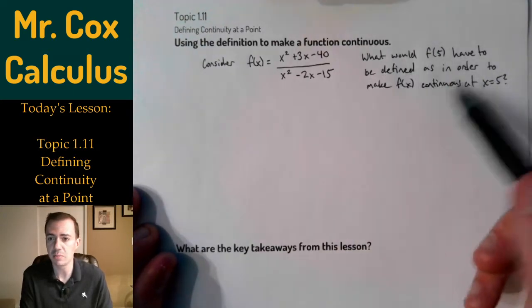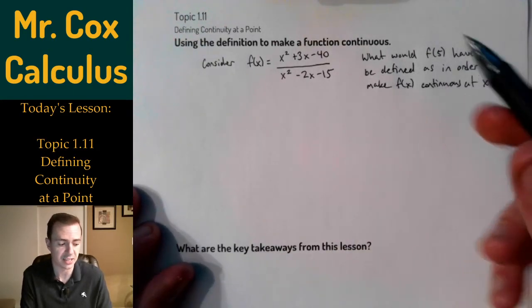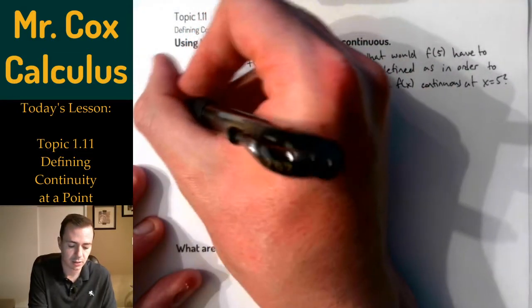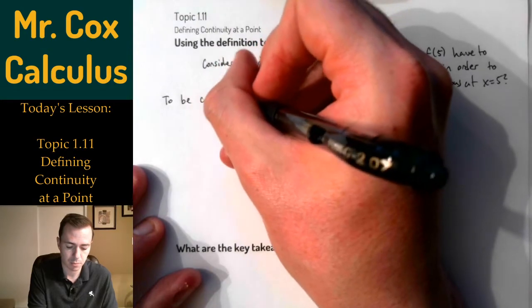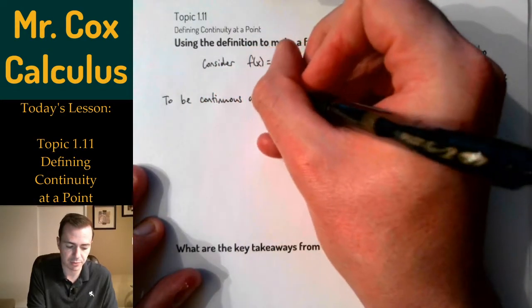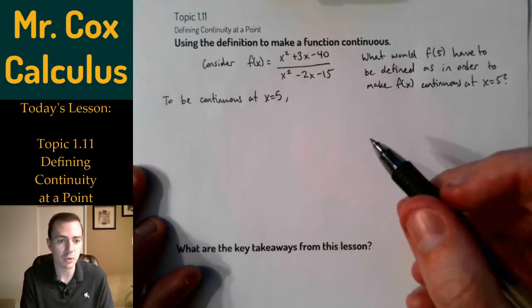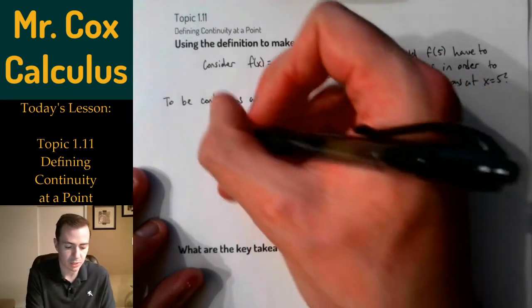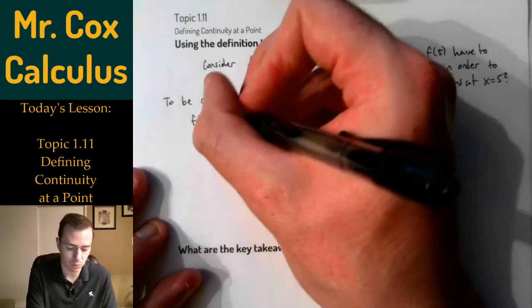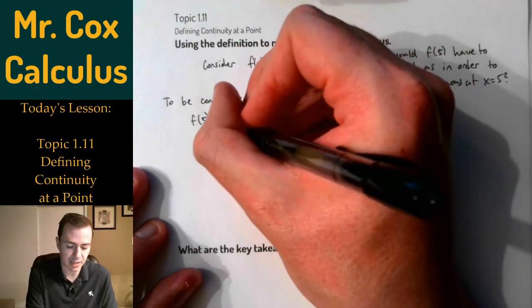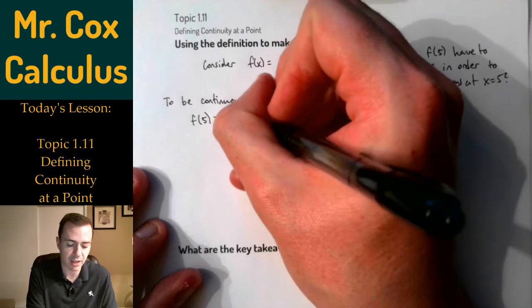Well, in order to make this function continuous at x equals 5, the following statement would have to be true, that f of 5 would have to equal whatever the limit as x approaches 5 of f of x was.